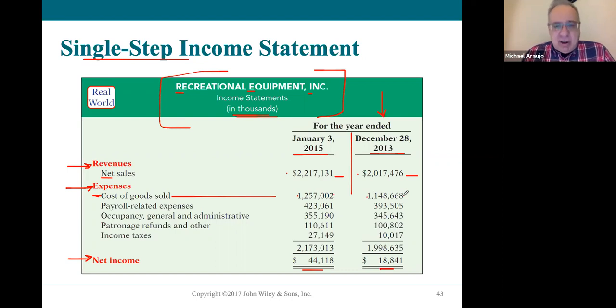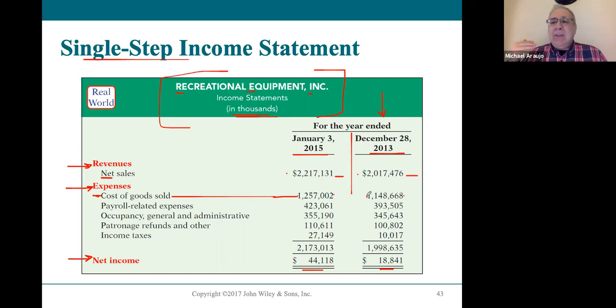So that cost starts off as inventory, which is an asset, but when they sell it, it goes to cost of goods sold. As you see, because these are merchandising companies, they live and die by inventory. That's the whole purpose of existence. And so it should be no huge surprise that their inventory or cost of goods sold is the largest expense that they have. And that's true across the board.